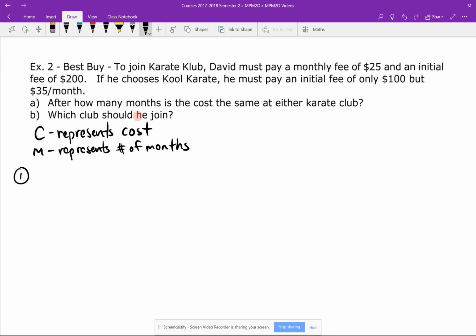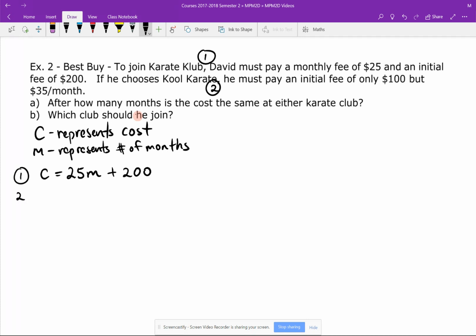Let's create our first equation. Each equation will now be used to define the price for each club. Let's say Karate Club is the first one, number one, and we're going to use Cool Karate as number two. So Karate Club is going to have a cost C that's equal to $25 a month, so 25 times the number of months M, plus your initial fee of 200.